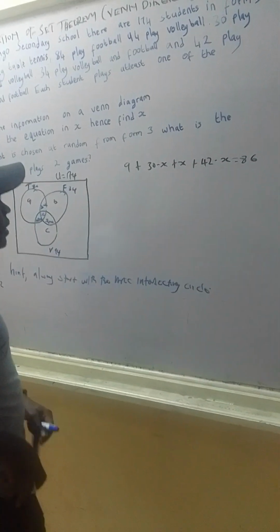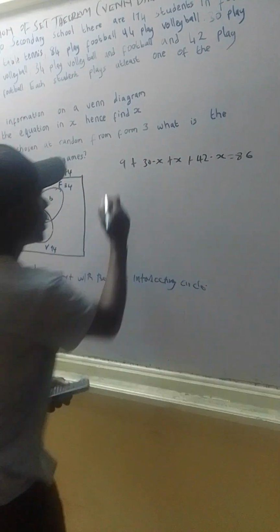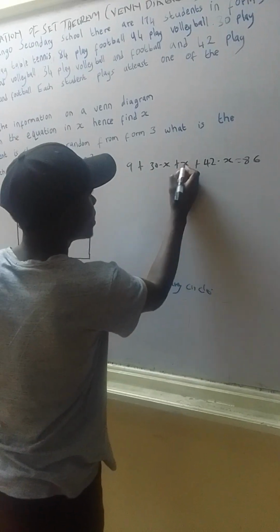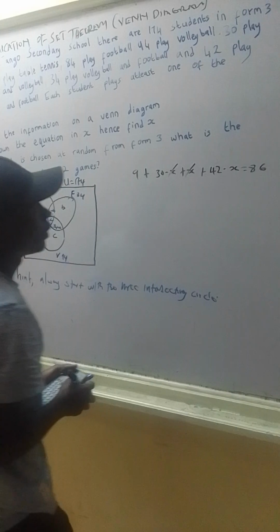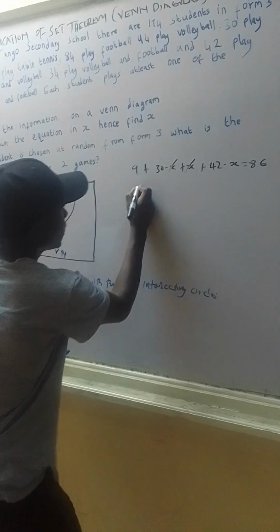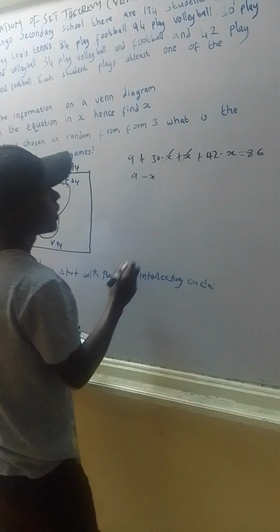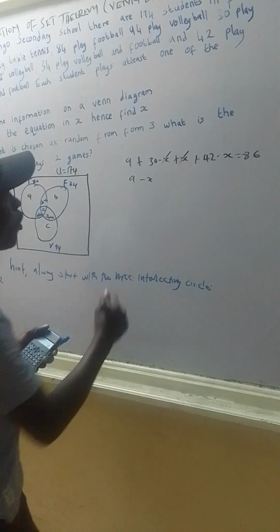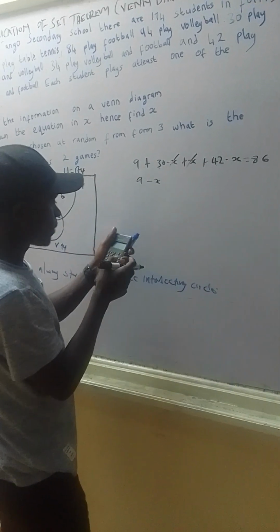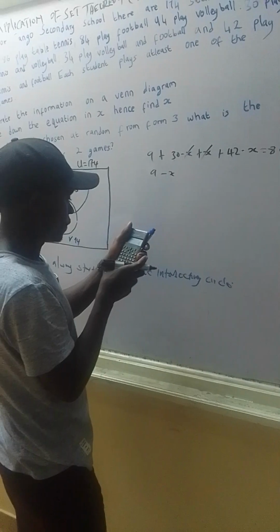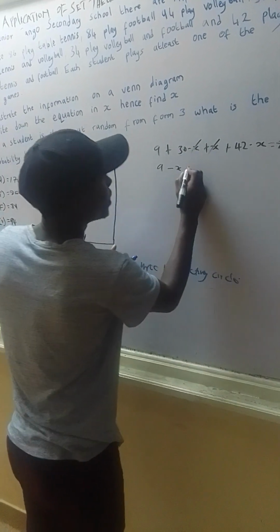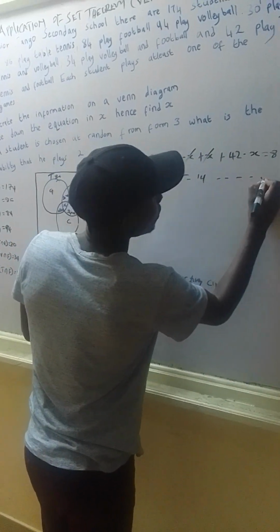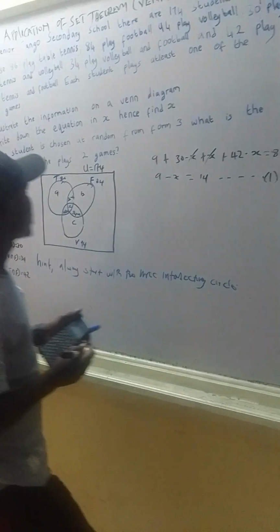So we have A, minus x plus x, x will go. Then we have A minus x. Then here we have 30 plus 42, that's 72. Now 86 minus 72 gives 14. I call this equation 1.